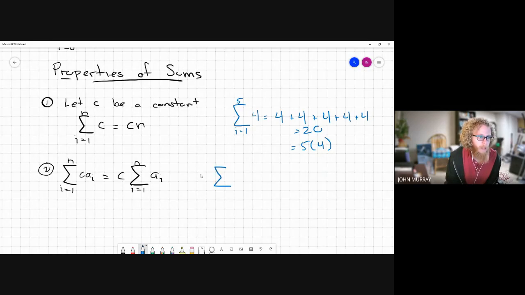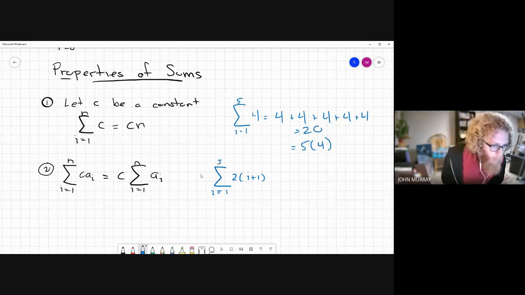So let's say the sum from 1 to 3 of 2 times i plus 1.